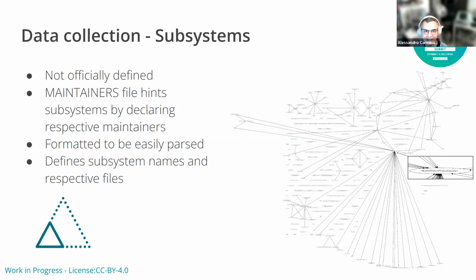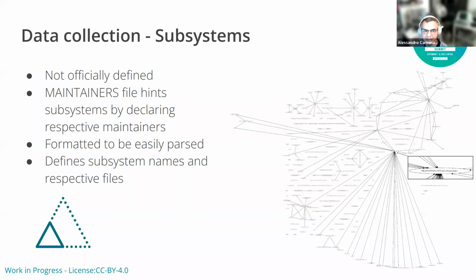The MAINTAINERS file is included in the kernel source code, and it is a simple text file formatted to be parsed easily. It contains various information about each subsystem it describes. Among other things, the subsystem name and the list of files belonging to it are the essential information here.